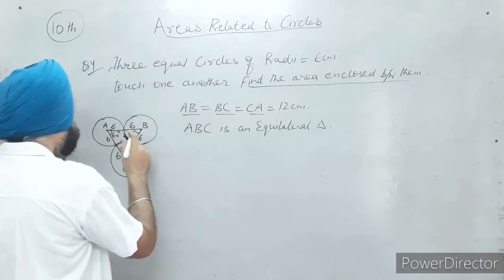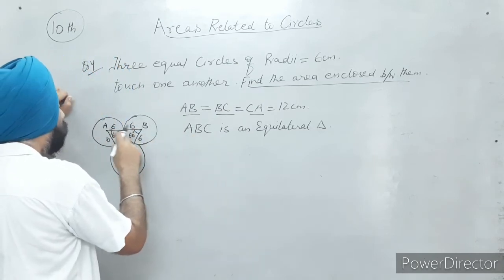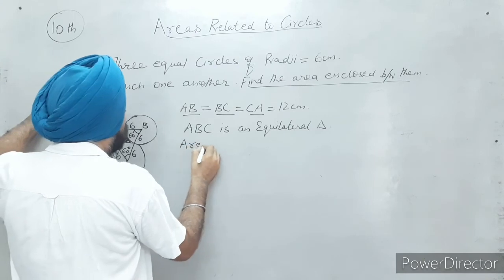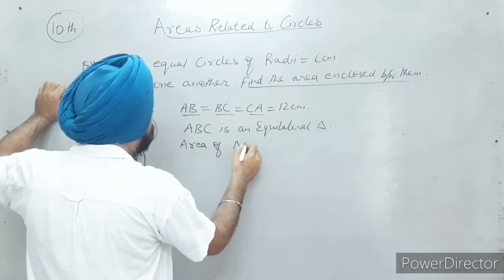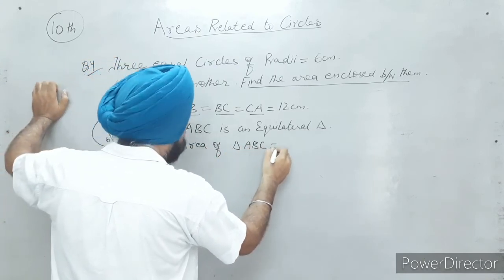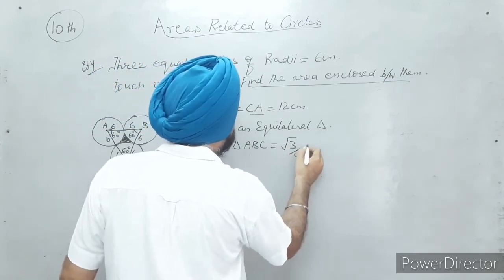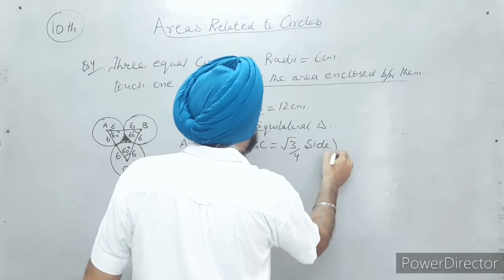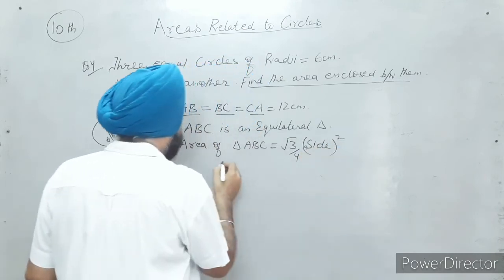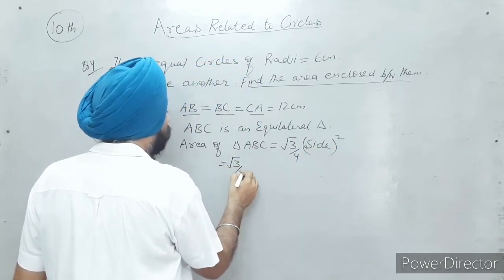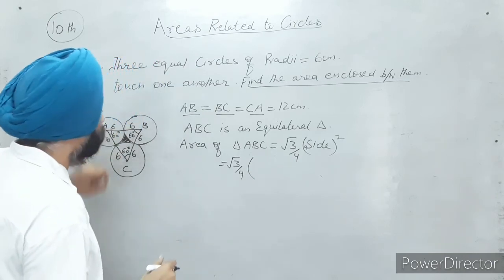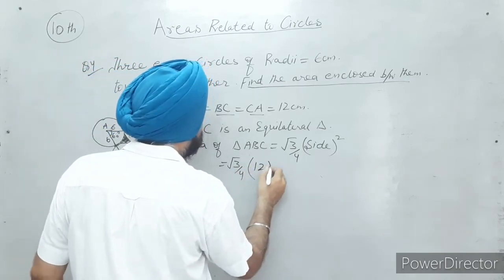Just find area of triangle ABC. It's an equilateral triangle. The formula to find is under root 3 by 4 times its side square. That is under root 3 by 4. What is the side? That is 12. It's 12 square.